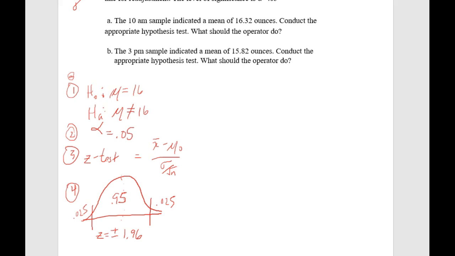Okay, and then our rejection region: we say reject H naught if z calc, compared to what we call z crit, is greater than z crit positive, which is 1.96, or if z calc is less than z crit negative, which is negative 1.96.